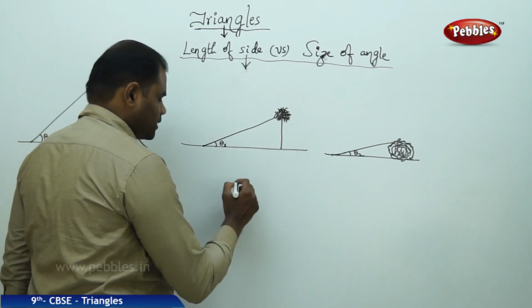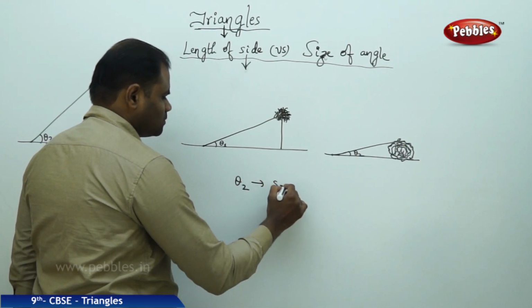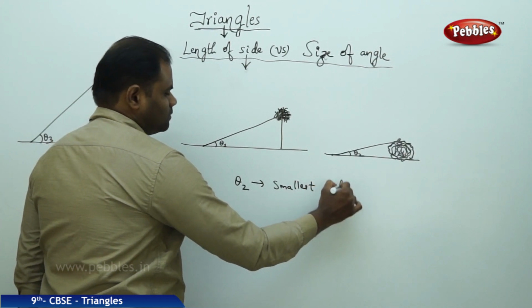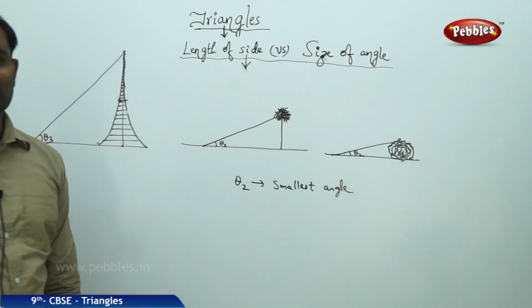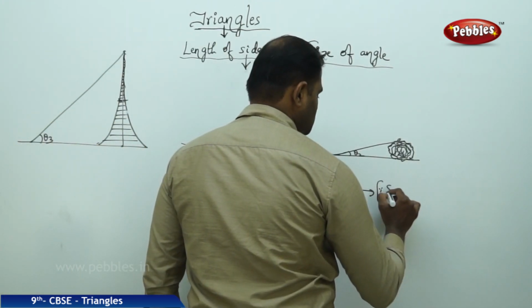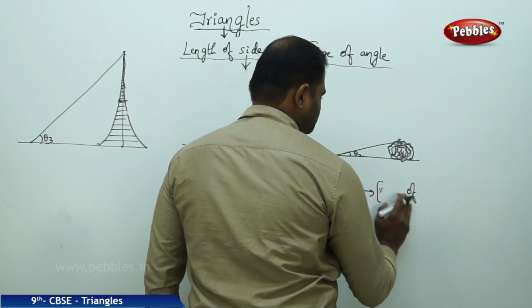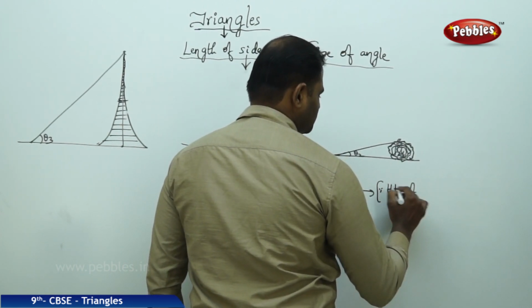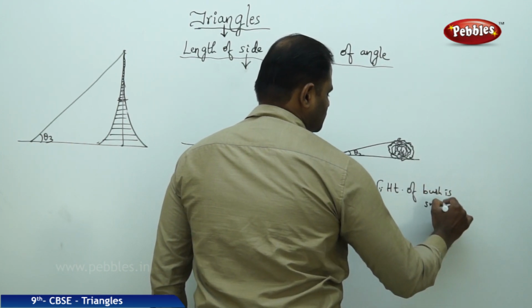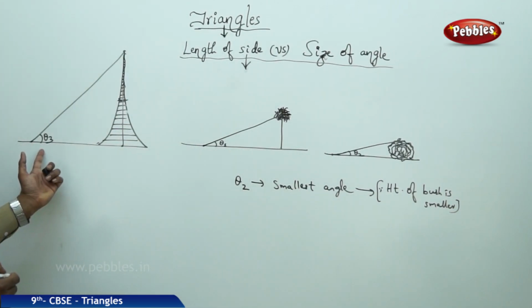Therefore, here I understand that theta 2 is the smallest angle, because the size or height of the bush is smaller, and theta 3 is the largest angle.